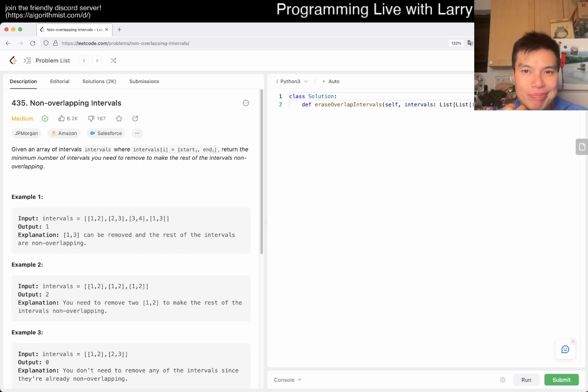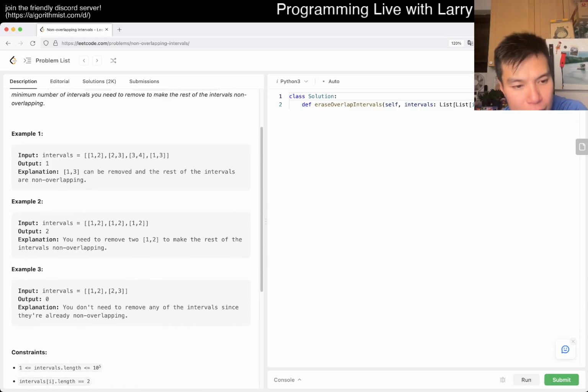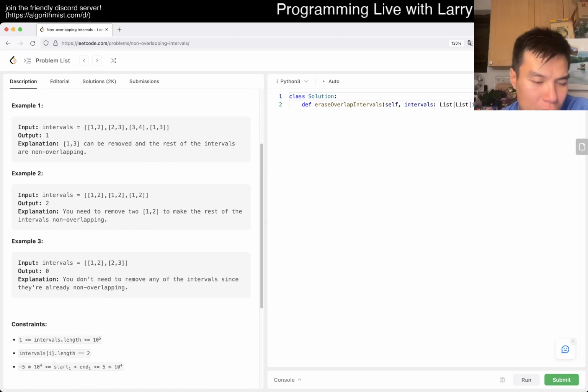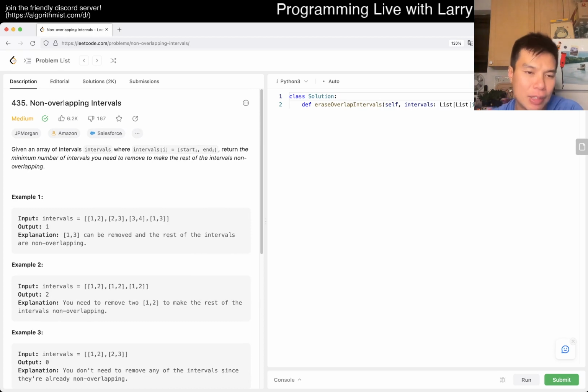This one is a little bit tricky depending on how you want to do it. The constraints are 10 to the fifth, so it suggests that you have to be fast enough. You can't do any n square algorithm, which would be too slow.